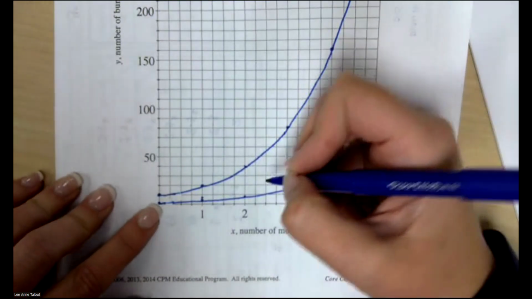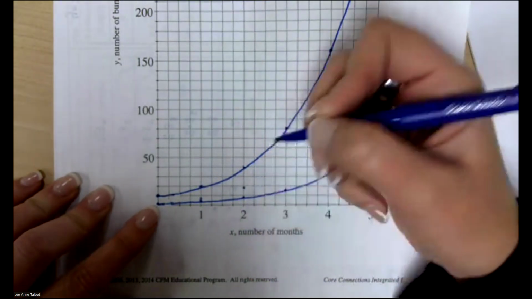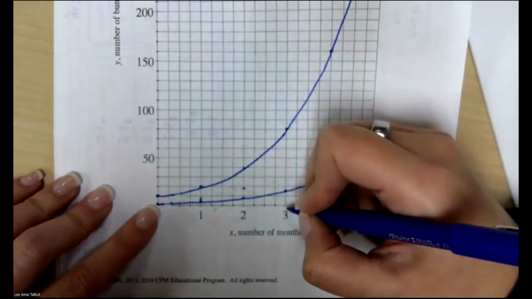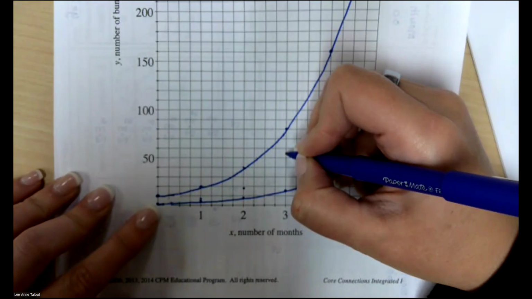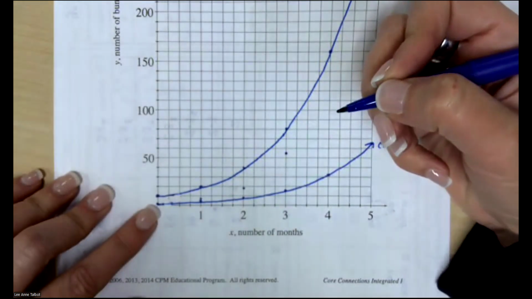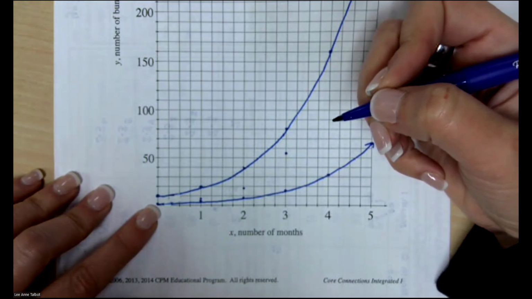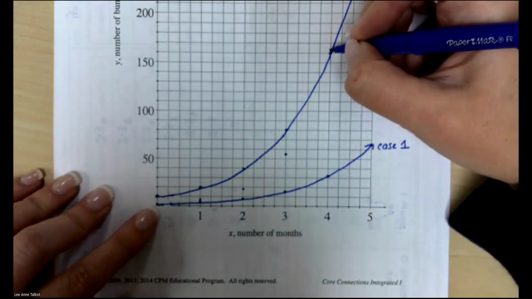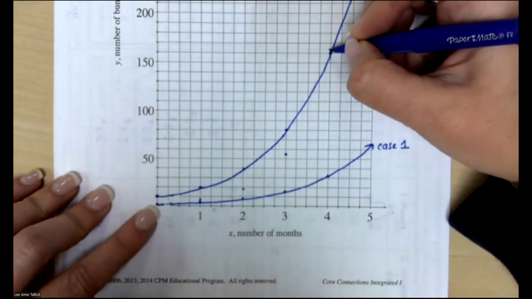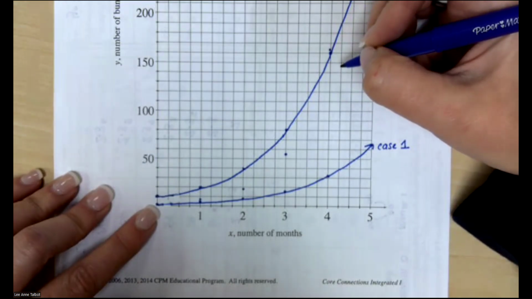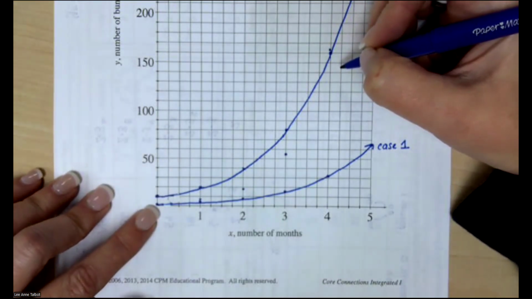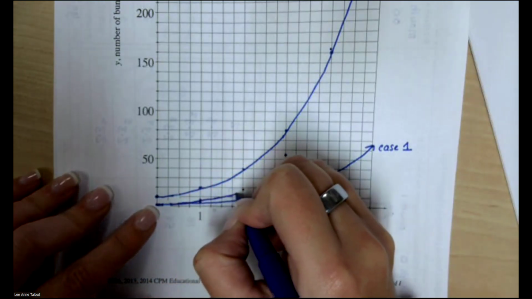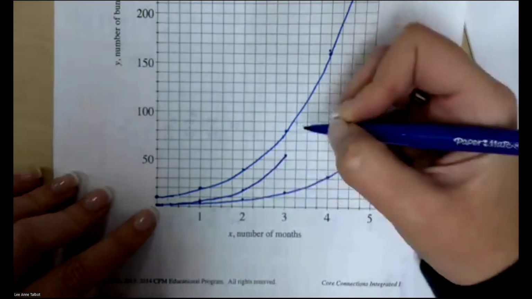Okay. 2, 18. 3, 54. 4, 162. And you can't really graph number 5, right? It's too far off. Okay. So what we're gonna do is we're just gonna follow the pattern up.